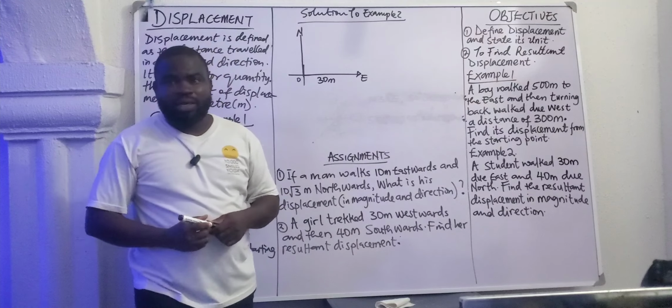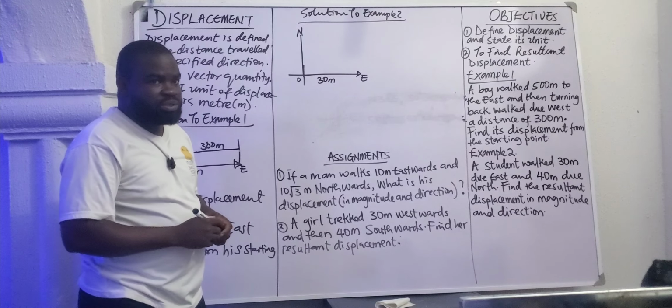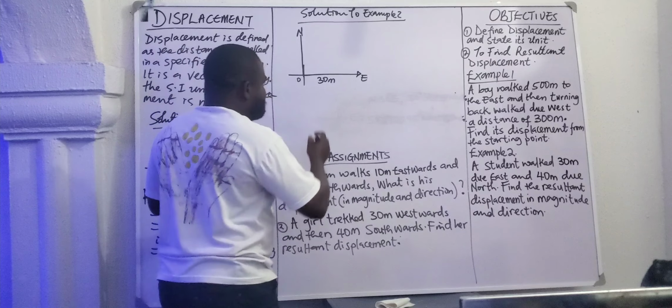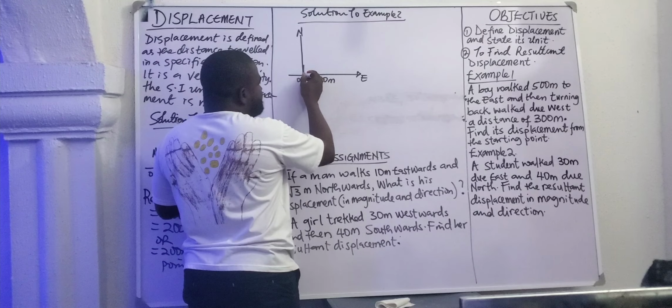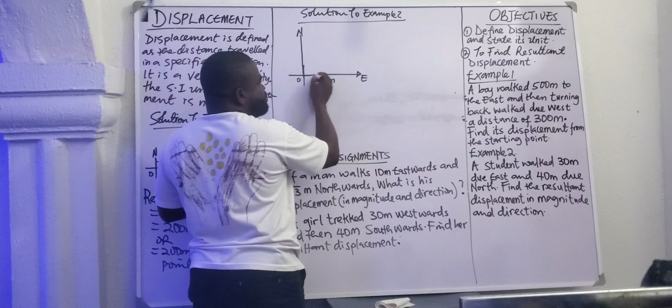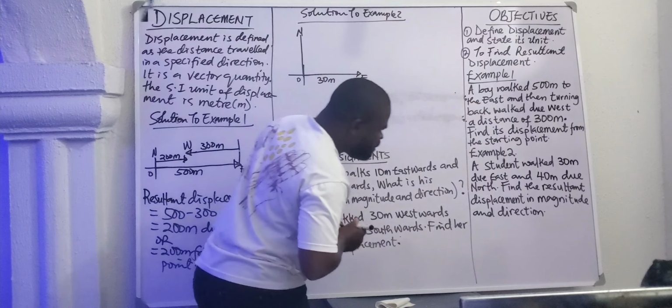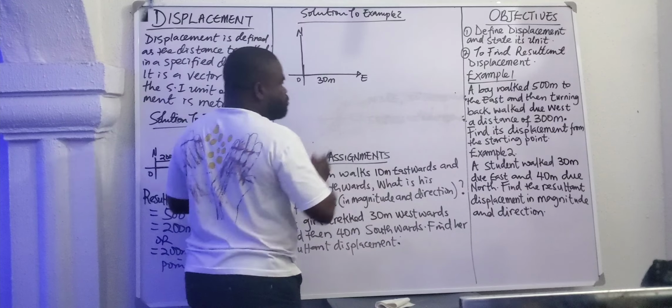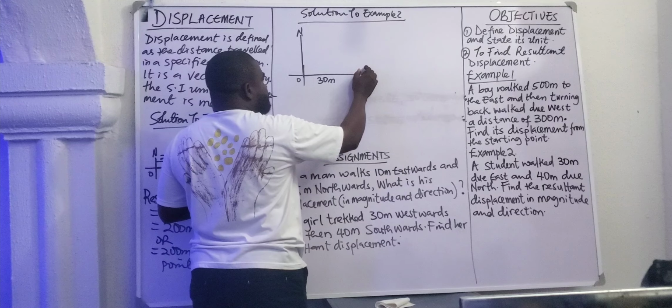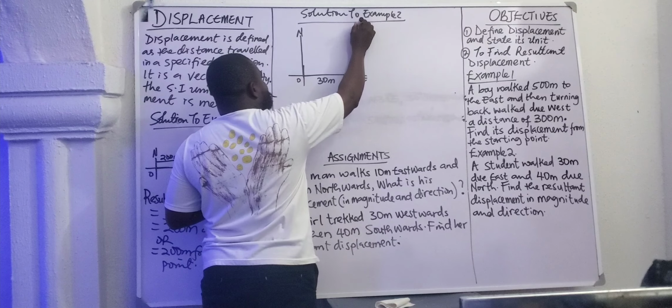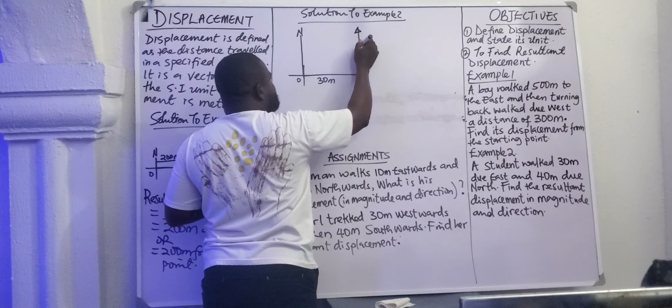Now, this question, I can interpret it in two ways. Let me do this one first. I will say the body moves from this starting point due east and then 40 meters due north. So from here, we move north, 40 meters due north.